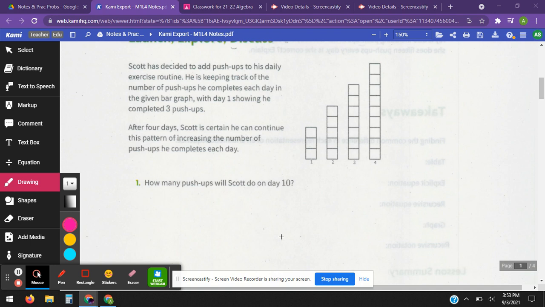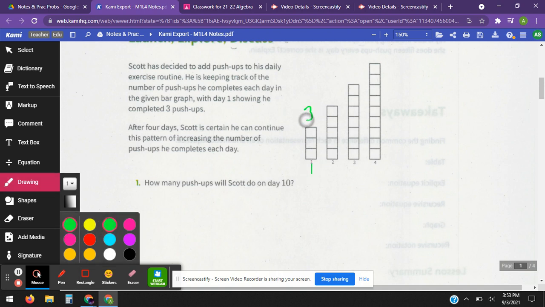So here we're looking at, again, I'm going to do my pictures. Day 1 has 3. The first day he does 3 push-ups. The second day it looks like he's doing 5. The third day, 7. The fourth day, 9. If we keep going, I'm noticing it's a +2 on each of these.